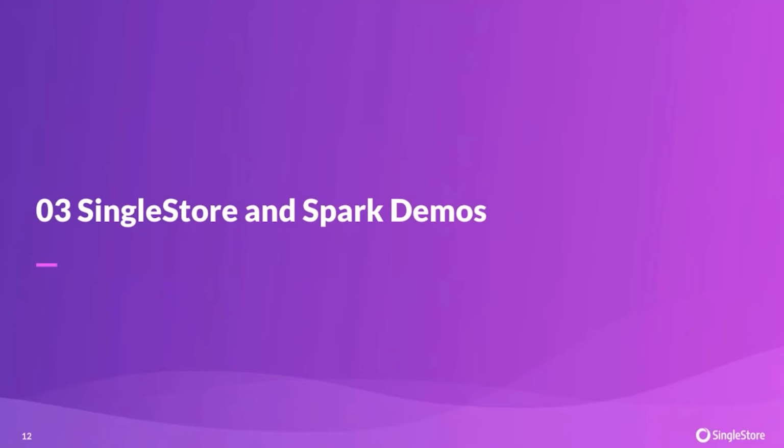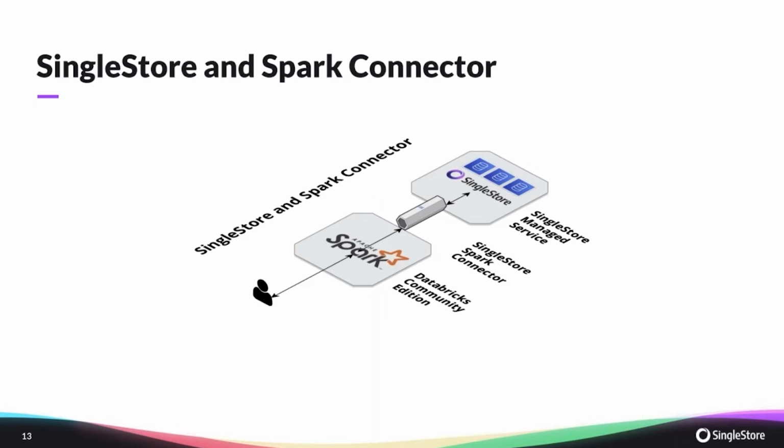Okay, without further ado, let me briefly show you diagrammatically the 2 approaches that I'm going to evaluate initially. We're going to look at this SingleStore Spark connector. My Spark is running on the Databricks Community Edition, and we've got this SingleStore managed service in the back end here, which I've fired up.